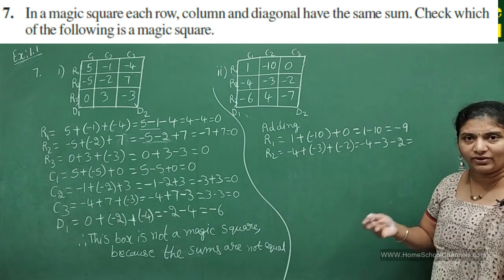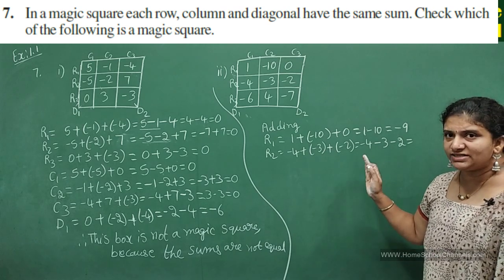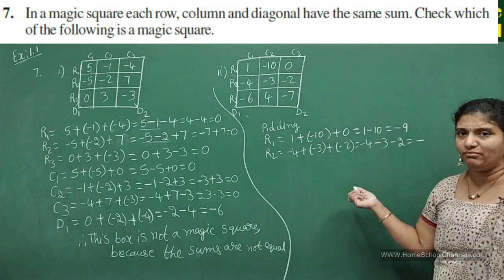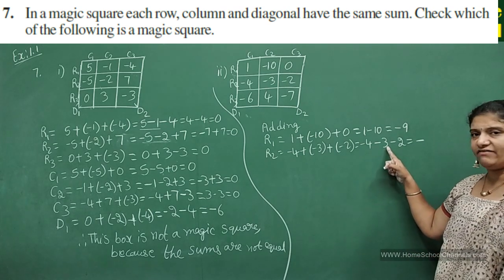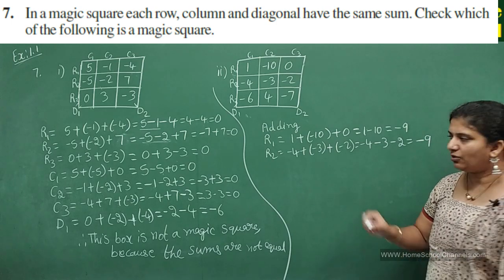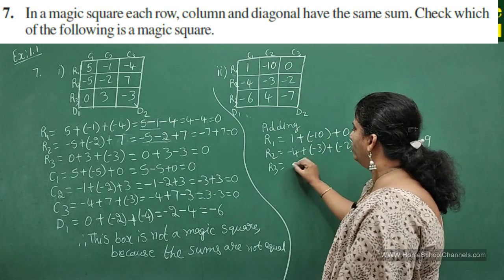See here, all three numbers are followed with a negative sign. So take negative and add all the numbers. 4 plus 3, 7. 7 plus 2, 9. Minus 9.